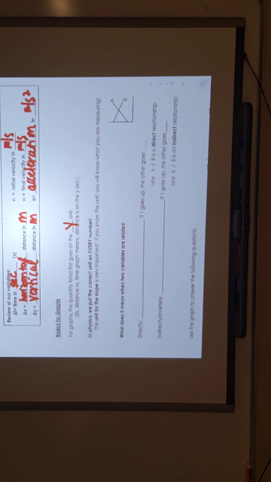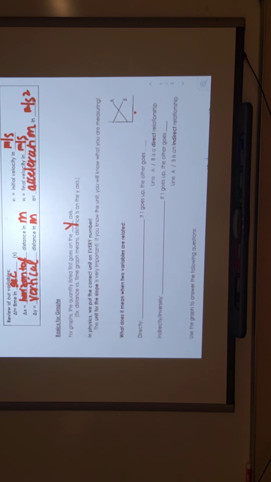Distance would go on the y, and you always have a unit that it's measured in, and then time would go on the x because it came second. Also important to always have a correct unit when you're making graphs. You want to make sure that you label them as well. I'm just going to quickly erase that and get back to it.